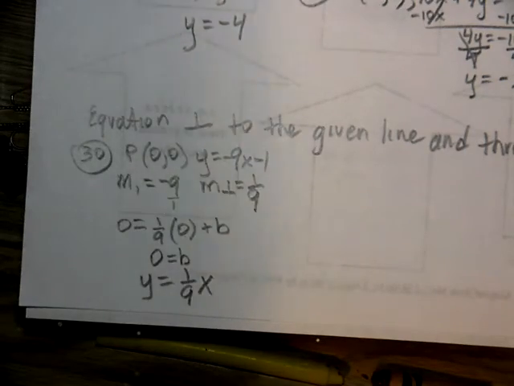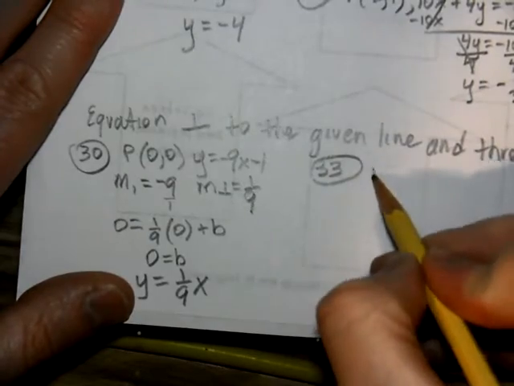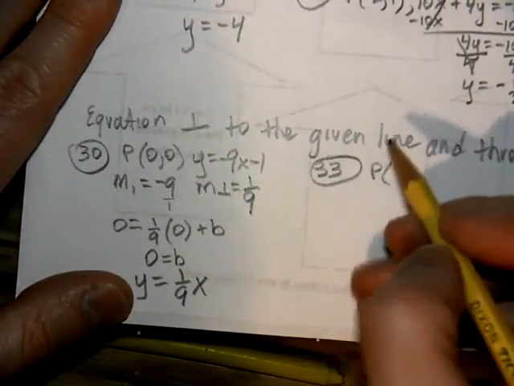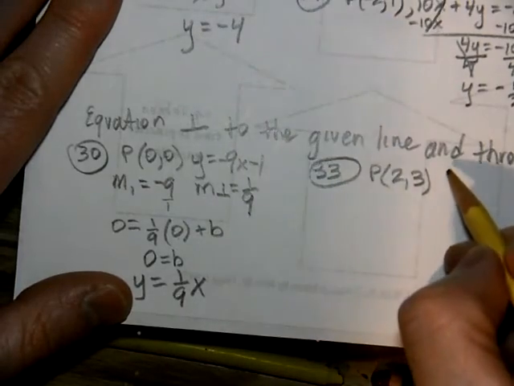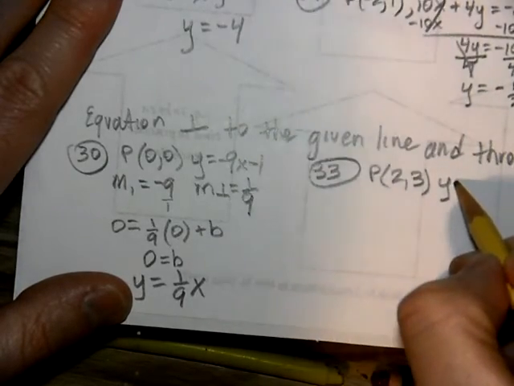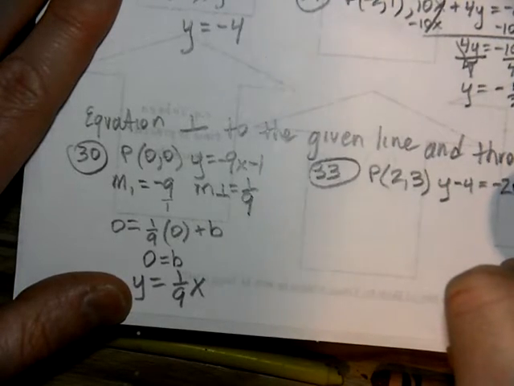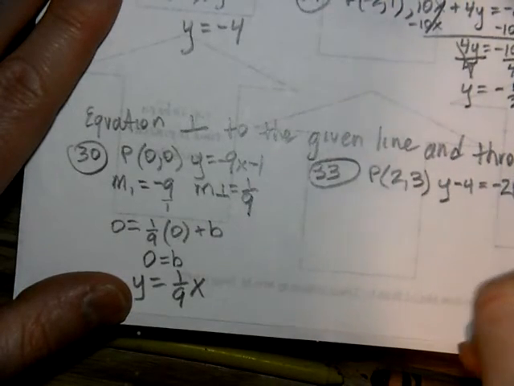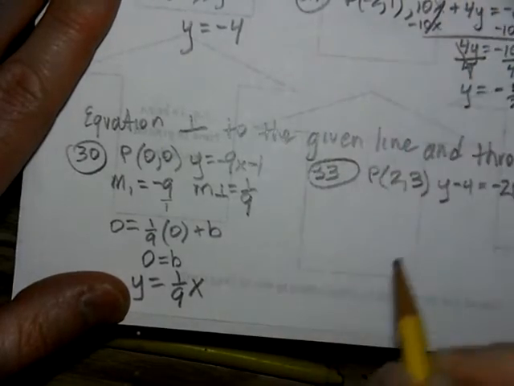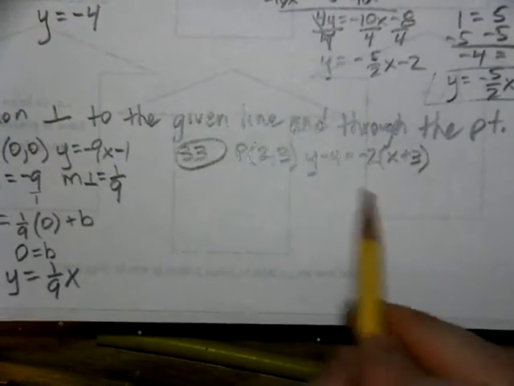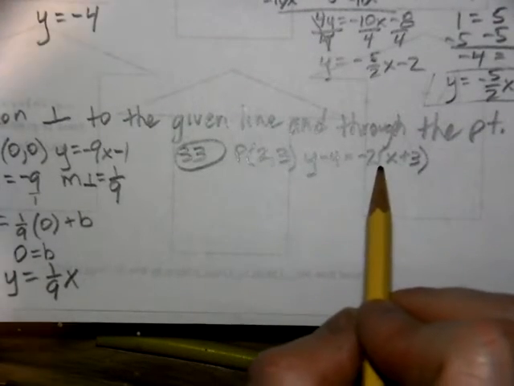Number 33, we have a point at 2, 3 and a line y minus 4 equals negative 2 times x plus 3. This is actually called point slope formula.